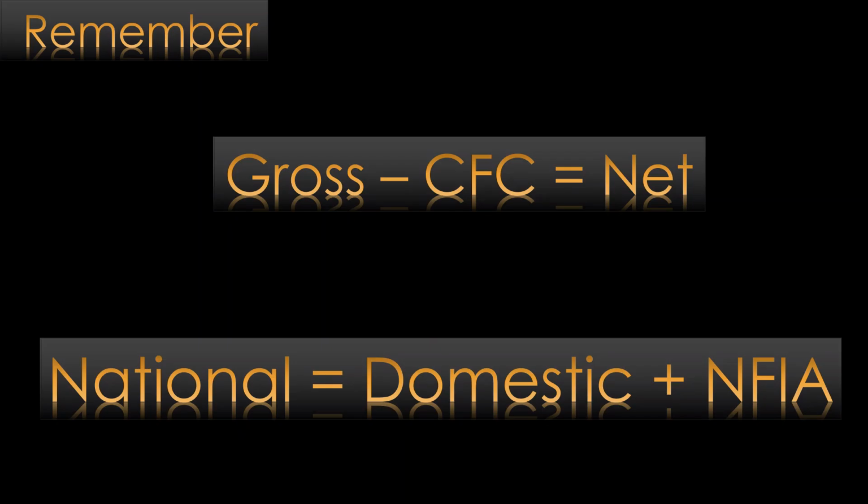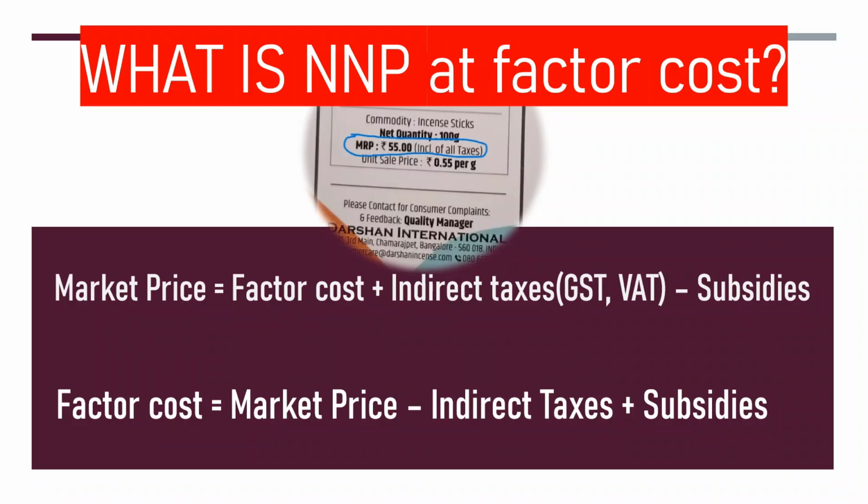So what is subsidy? One last topic: what is subsidy? A government subsidy is a form of financial aid or support provided by the government to a specific individual, business or industry. For example, if the factor cost to produce something is 150 rupees and the government does not pay any subsidy, then the producer will have to charge this 150 rupees directly from the customer.